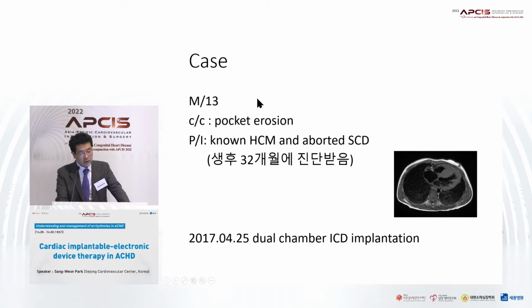This is a small pediatric patient with hypertrophic cardiomyopathy, and she had sudden cardiac death before. So we did dual chamber ICD implantation at that time, and she showed a very sick myocardium.